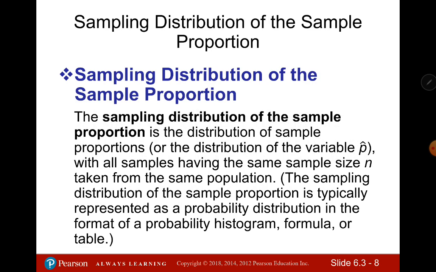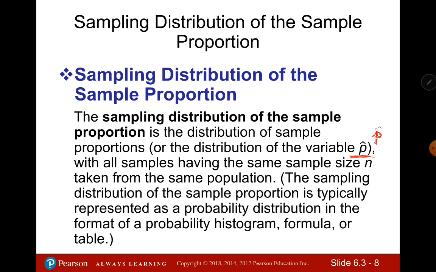Again, we restate the property of the distribution of p hat. We're talking about the sampling distribution. This sampling distribution is about the sample proportion, so we use this notation, p hat. If we're just talking about p, it's just the proportion. With the hat, that means the sample proportion. If it's just p, then it is the population proportion.